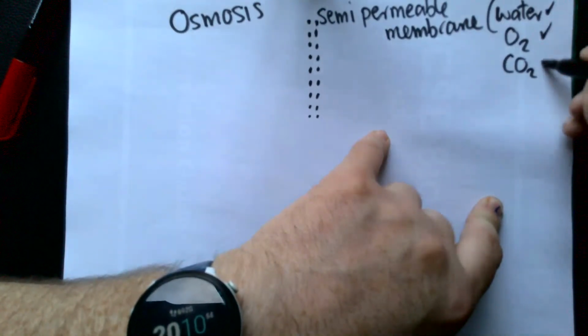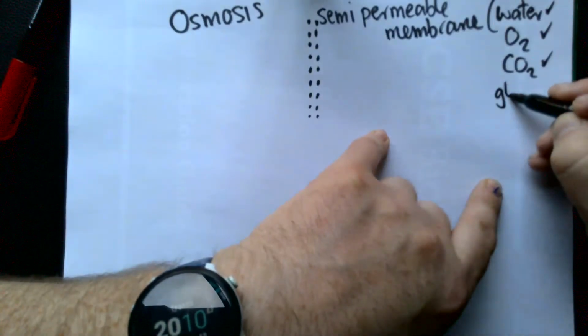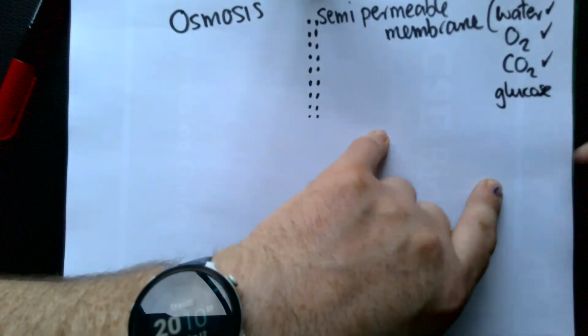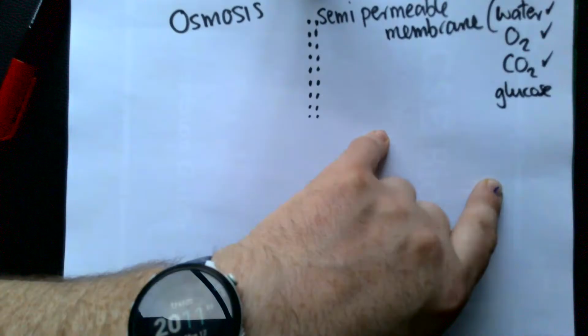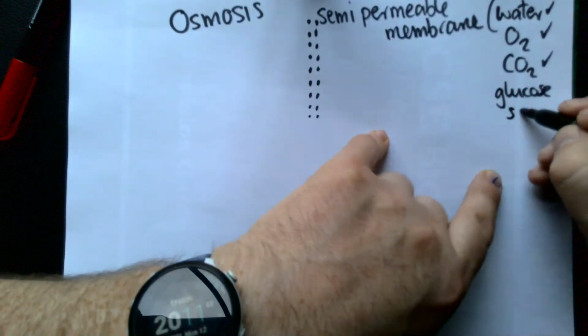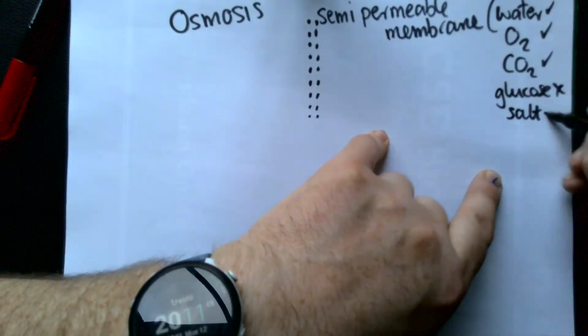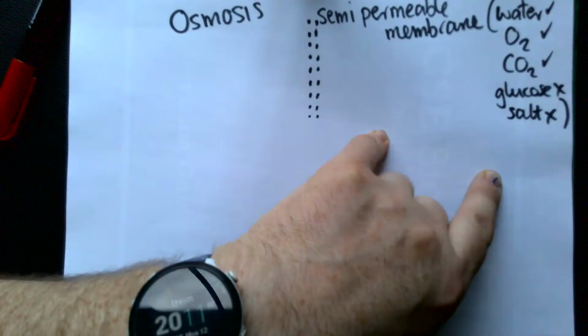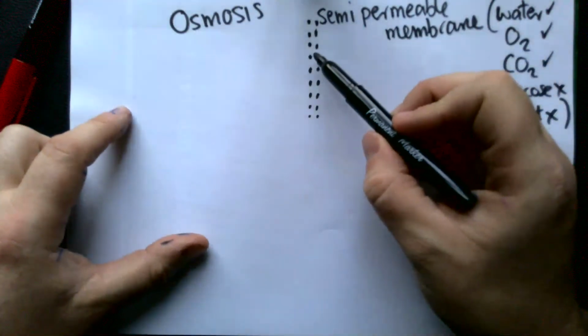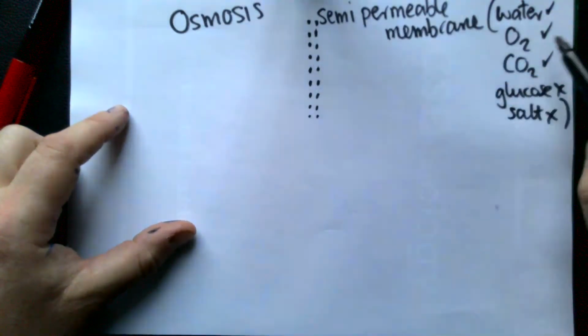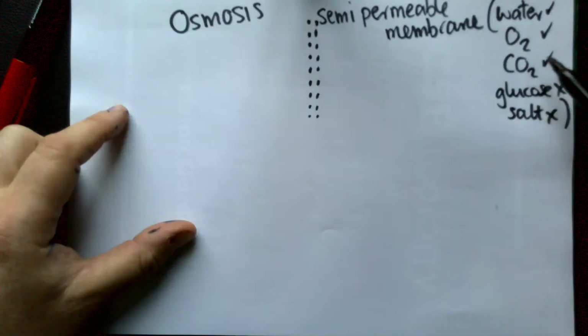So these things can get through, but things like glucose or other molecules, we could have salt, these things do not. So the gaps in the semi-permeable membrane allow the small things to get through, not the big things.